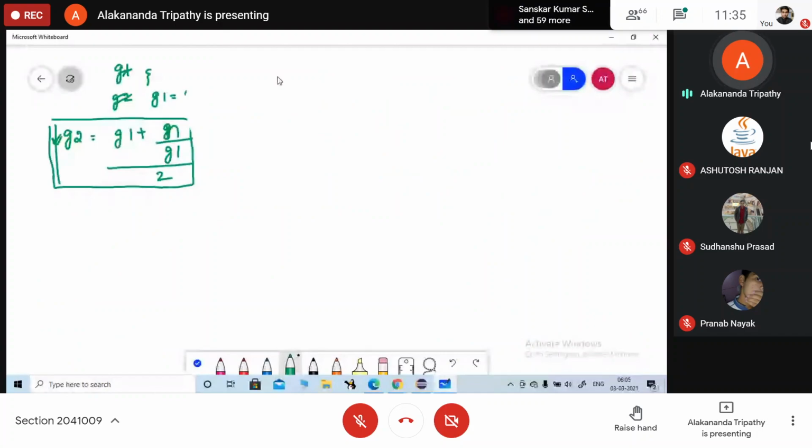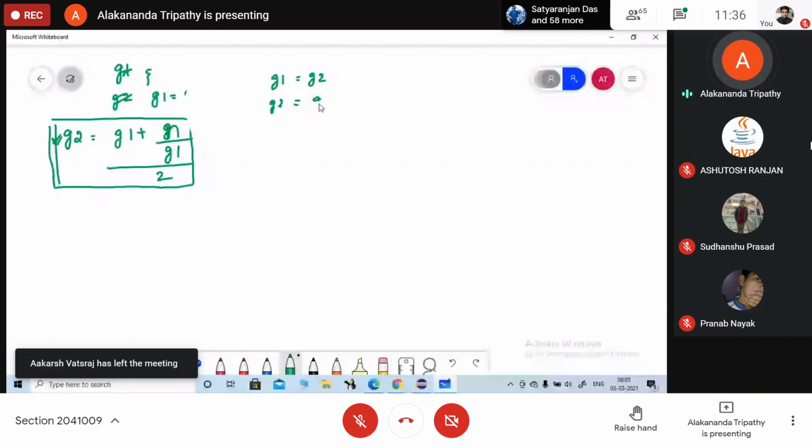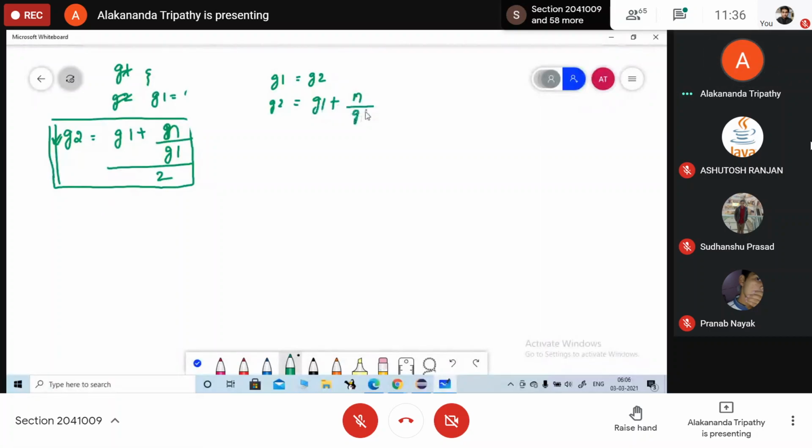Here we are going to take two variables g1 and g2. Initially g1 is equal to g2. The next value you are going to compute using g1 plus n by g1 whole divided by 2. These two steps you are going to repeat until g1 minus g2 is greater than 0.001. तो ये accuracy कब तक देगा?